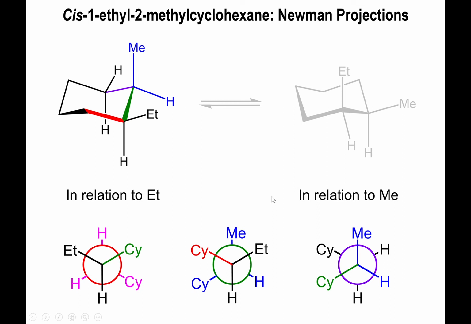So what this ultimately gives you is all of the possible gauche interactions that you could have. And this is the reason why we're focusing on the carbons that bear the ethyls, the methyls, and any other carbon group bound to it as a substituent, because those are the ones that are going to start raising the energy of your cyclohexane.